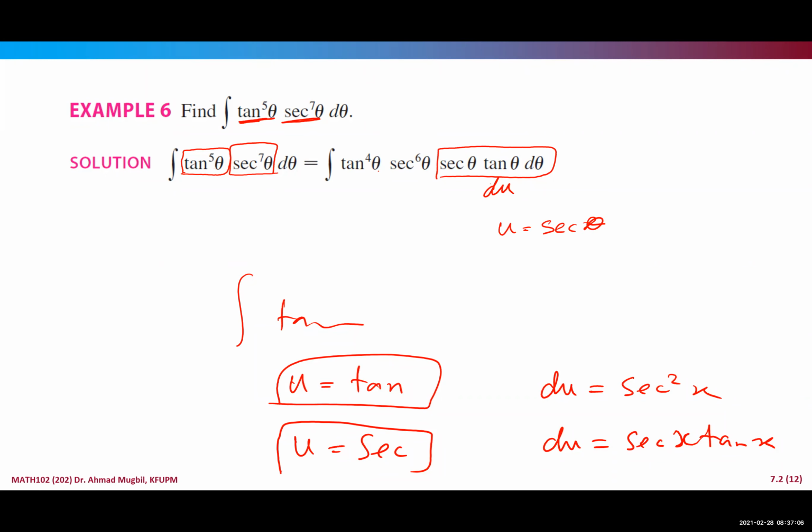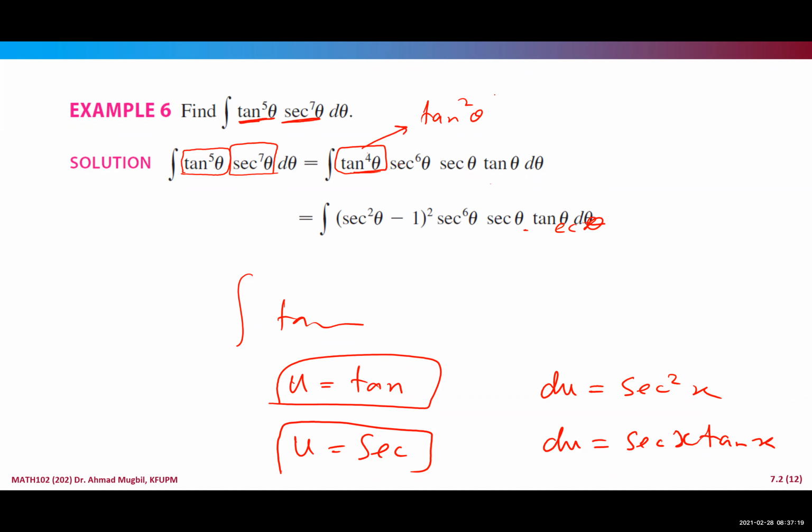So here we need to write tangent to the power 4 in terms of secant. I will use the identity: this will be tan squared of theta, all to the power 2, because it is tan to the power 4. Now tan squared is just secant squared theta minus 1, all squared.